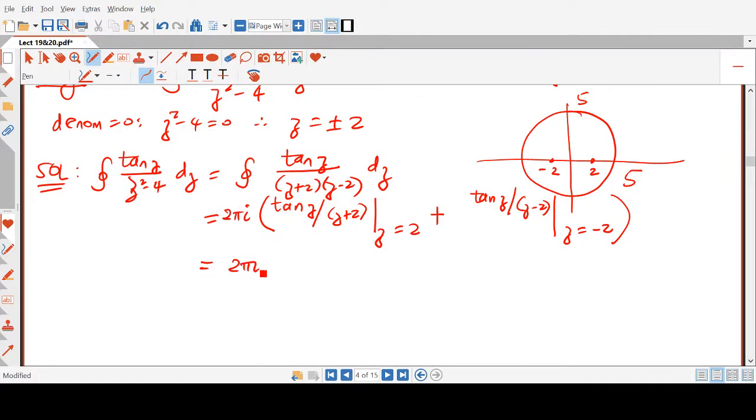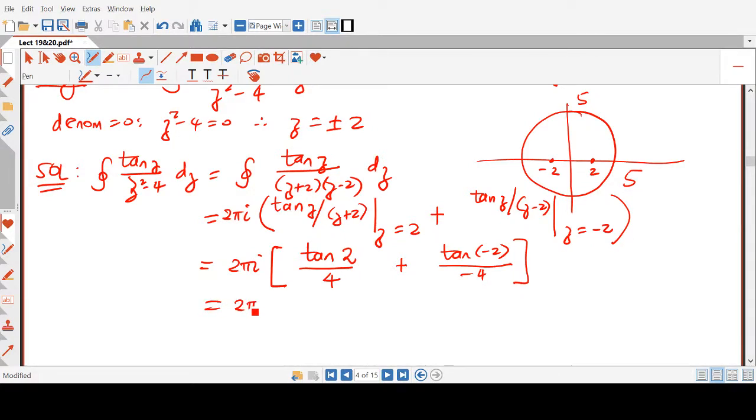There's 2 pi i. Just substitute now z equals 2, so it becomes tan of 2 over 2 plus 2, which is 4, plus tan of minus 2 over minus 2 minus 2, which is minus 4.